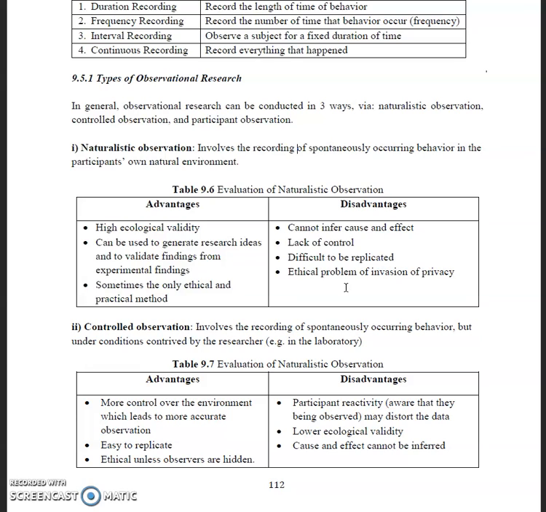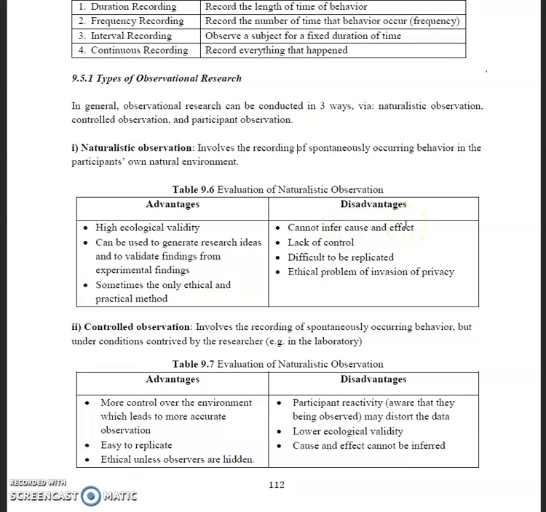Because it's in a natural environment, there are so many determining factors that can cause that person to be aggressive, and because we have a lot of extraneous variables, it's difficult for us to infer the cause and effect.